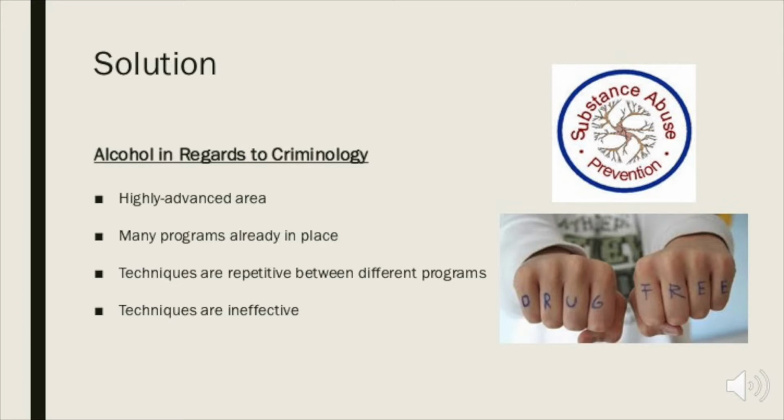This area is so advanced that there are already many programs in place to reduce the statistics regarding alcohol in the criminal system. However, some of these techniques and programs aren't working effectively, or they only work for specific targeted groups.